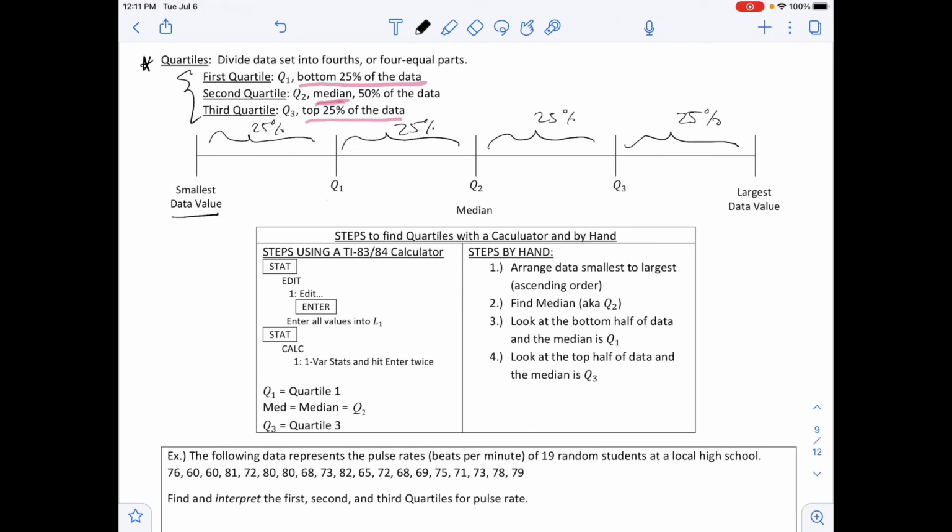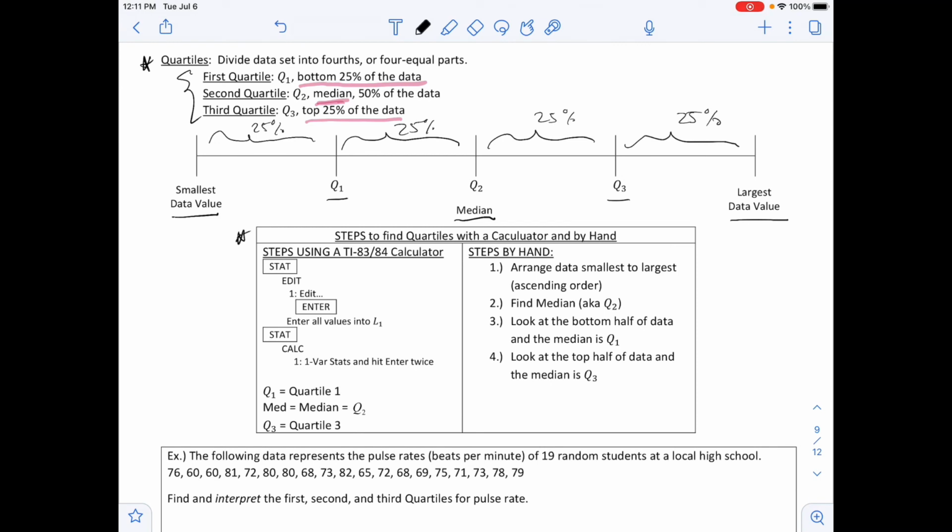You can notice we have our smallest data value, our Q1, Q2 which is our median, Q3, and then our largest data value. These 5 values are going to come into play in just a moment. In order to find these quartiles, we've talked about how to use our calculator to calculate the median. The smallest data value and the largest data value are things you should be able to look at and figure out from the data set.